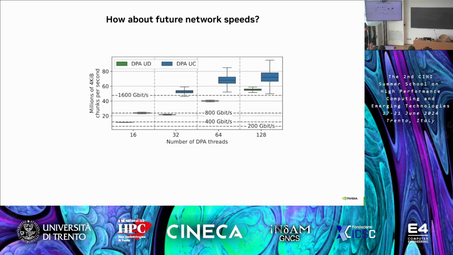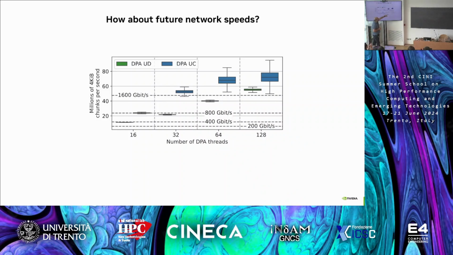But if you consider the message rate, basically, this is what you care about: how many packets you can process per second on the DPA, and then you multiply this by the size, you start getting what could be the bandwidth. So it's kind of an estimation, but what is interesting here is the number of DPA threads, and again, the two schemes.